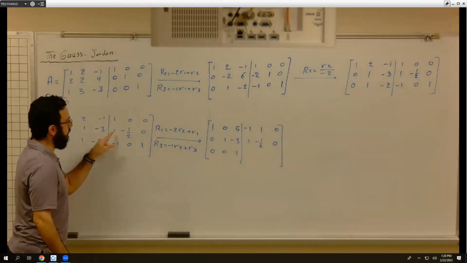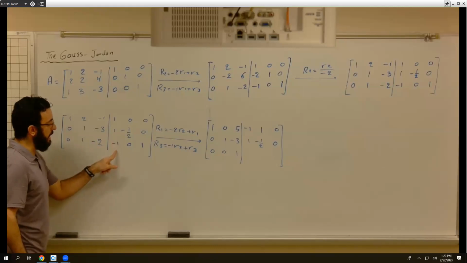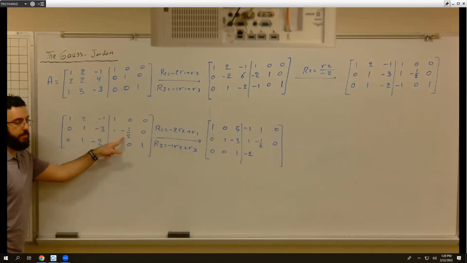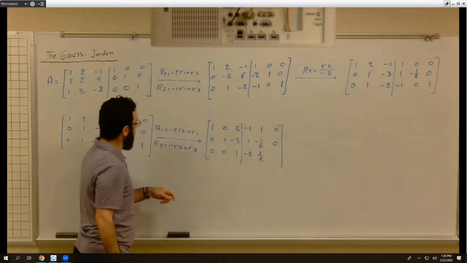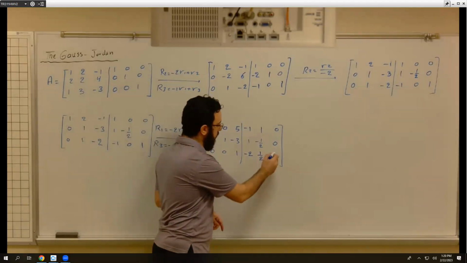Now -1 times 1 is going to be -1. -1, -2. -1 times half is going to be half. Plus 0. Here we get half. -1 times 0 plus 1 is going to be 1.